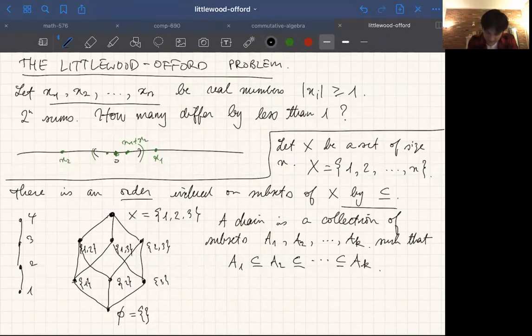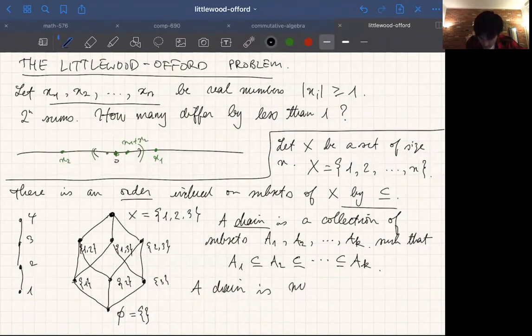And what does that look like in the picture? Here, let me put my pointer again. So a chain looks something like this. That's a chain, right? So this would be A1, this is A2, A3, A4. And we have sort of inclusion all the way.